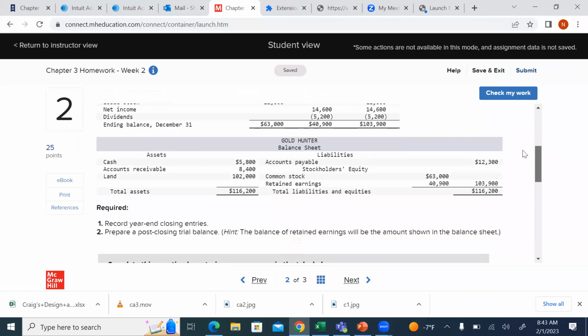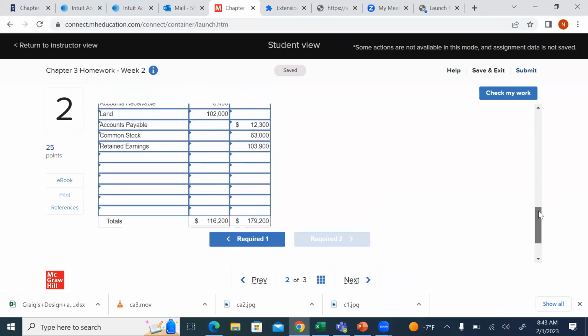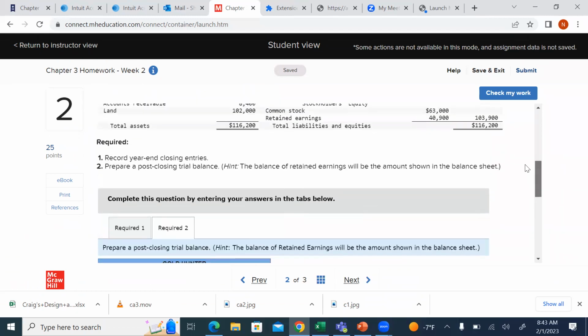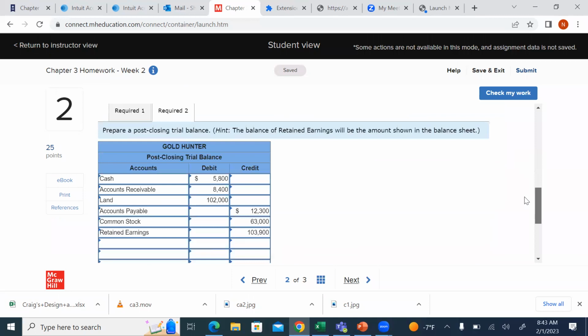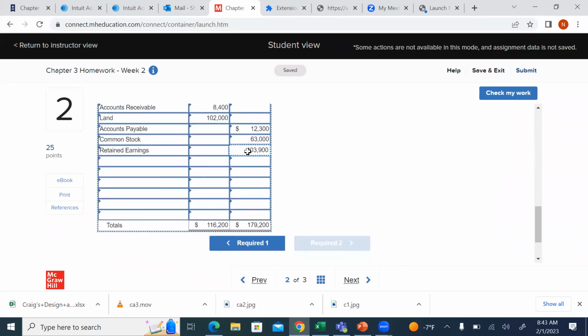So I have cash, accounts receivable, oh, retained earnings is 40,900. Is this making you guys feel a little better? No, because I'm screwing up.